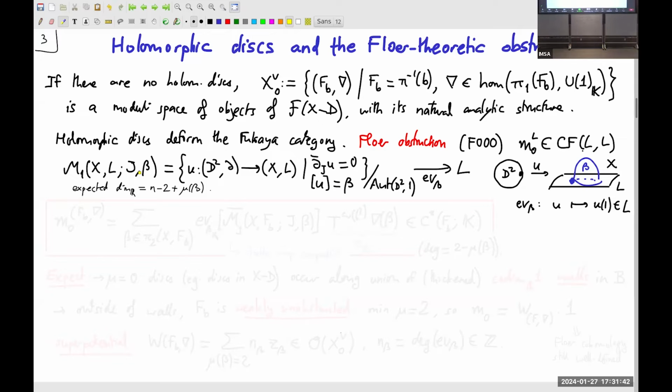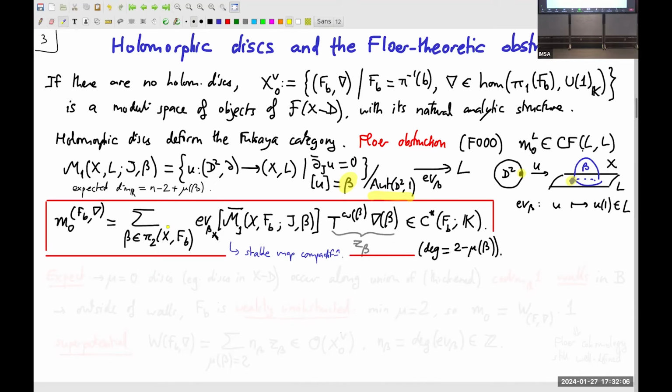So you look at the moduli space of holomorphic disks representing a given class beta, holomorphic maps with one marked point in the domain, and so mod automorphisms of the domain. And this has an evaluation map at the marked point, telling you where the marked point went on the Lagrangian.